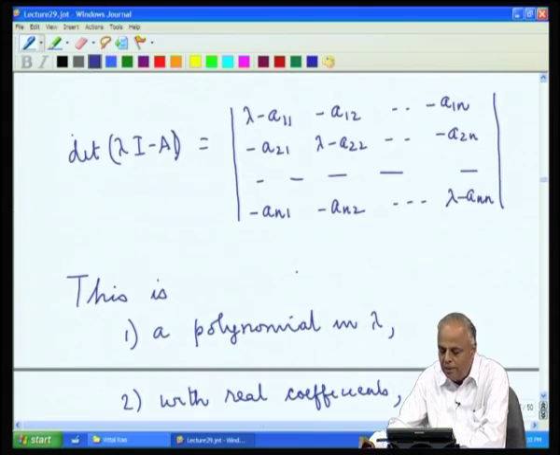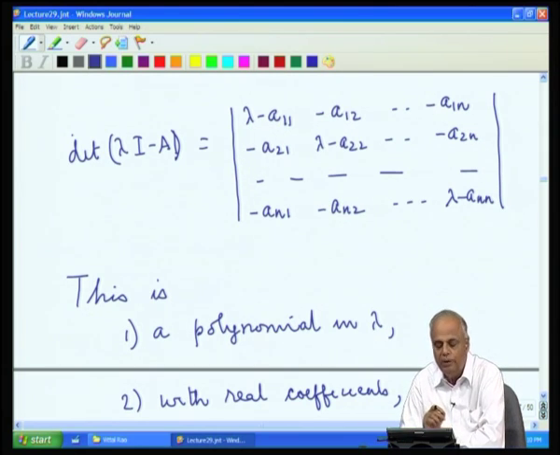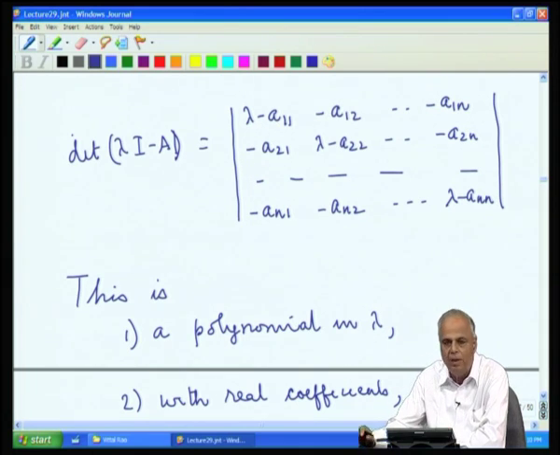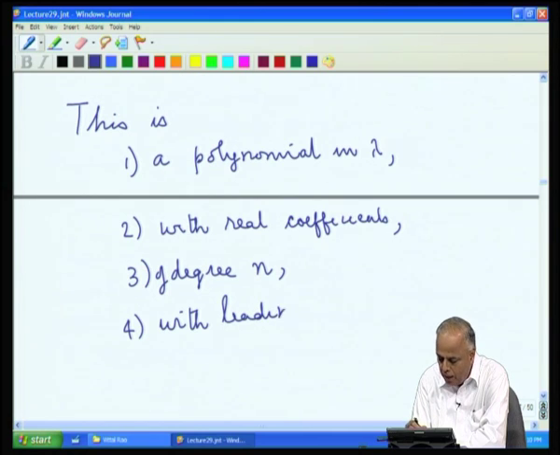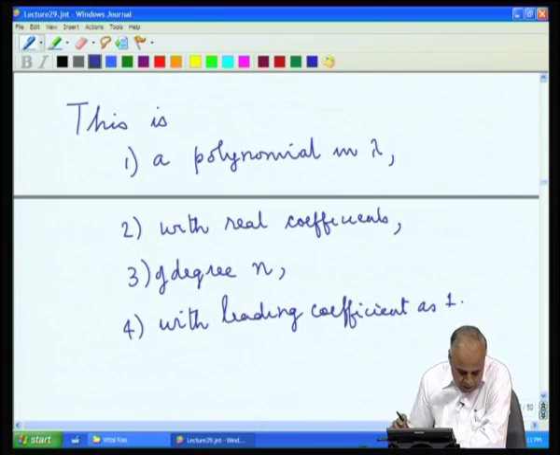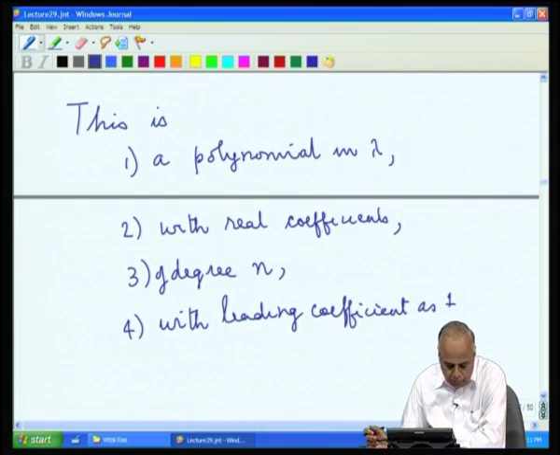And the highest degree term lambda to the power of n has coefficient 1, because it involves the product of lambda, lambda and lambda along the diagonal. When I say leading coefficient, I mean the coefficient of the highest degree term, and the leading coefficient is 1.